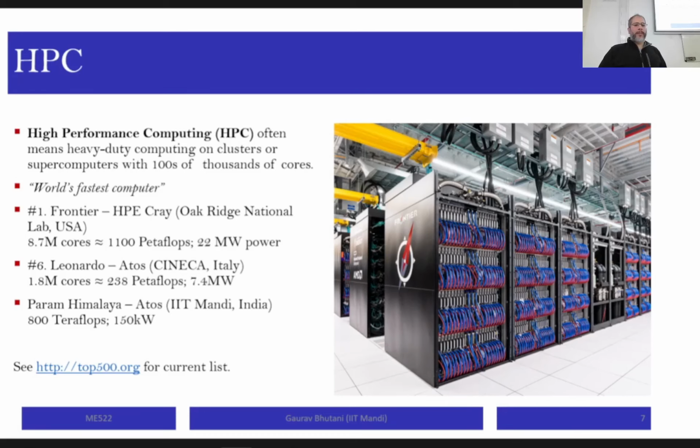So it's slower than Frontier, definitely, but it's still much faster than typical clusters or supercomputers that you see. So 800 teraflops is a lot. It's just not in the top 10 or top hundreds list, but still it is a lot of computing power. And it absorbs 150 kilowatts of power. That's the power requirement for this system.